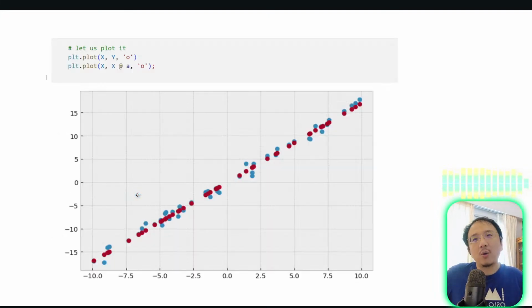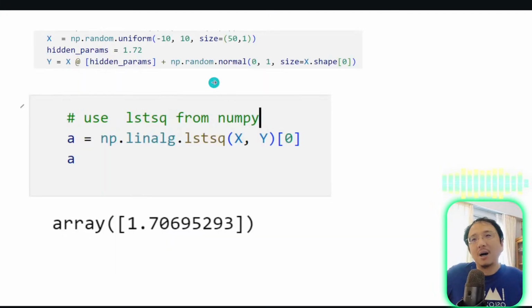Recall that we were only modeling things like x times 1.72. But in general, we consider linear modeling, mostly for a linear function like an affine transformation.